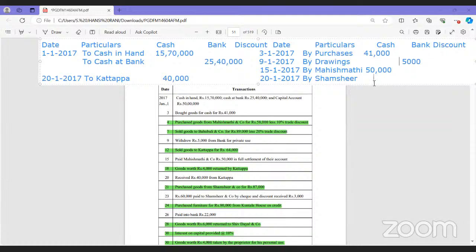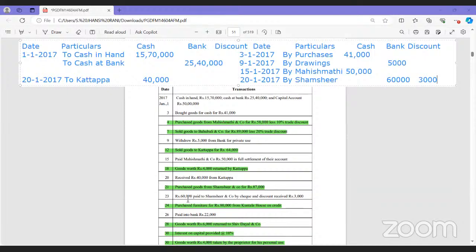So whenever we are paying through check, we write in the bank column, and the amount is 60,000. When we are paying 60,000, he gave us 3,000 as discount. So I write in the discount column 3,000.